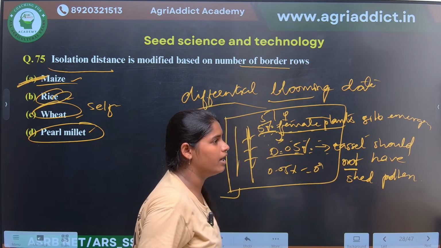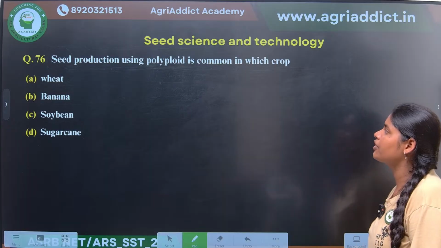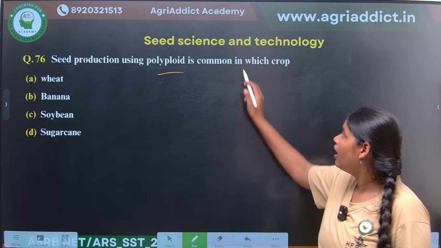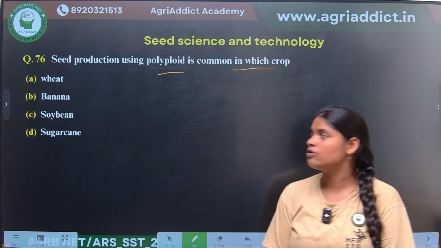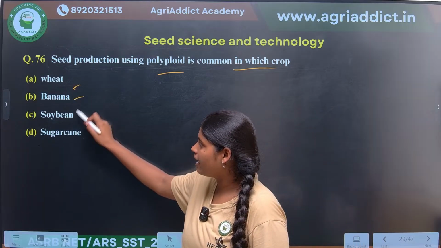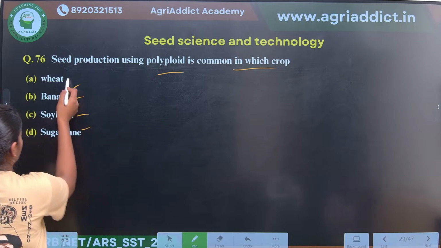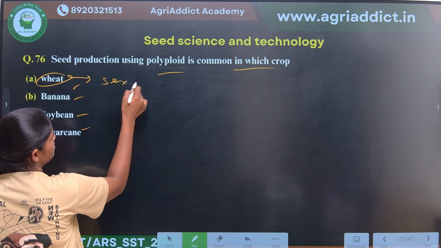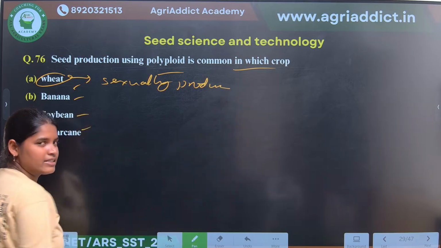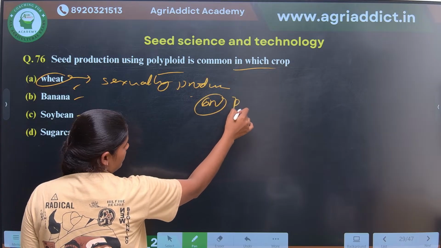That is tassel. Understood? So the next question is seed production using polyploid. It is a very factual and direct question. In which crop are we using a seed production through polyploid method? Wheat, banana, soybean and sugarcane. In wheat, we normally go for sexually produced seeds, right? We have exploited a hexaploid here. Naturally, whatever bread wheat we are using is hexaploid only.